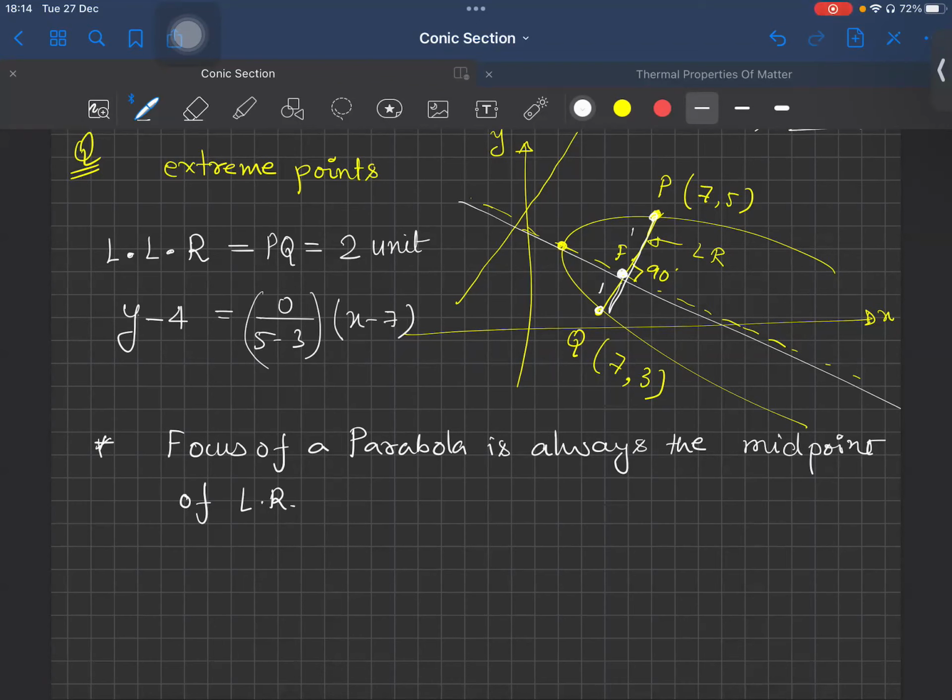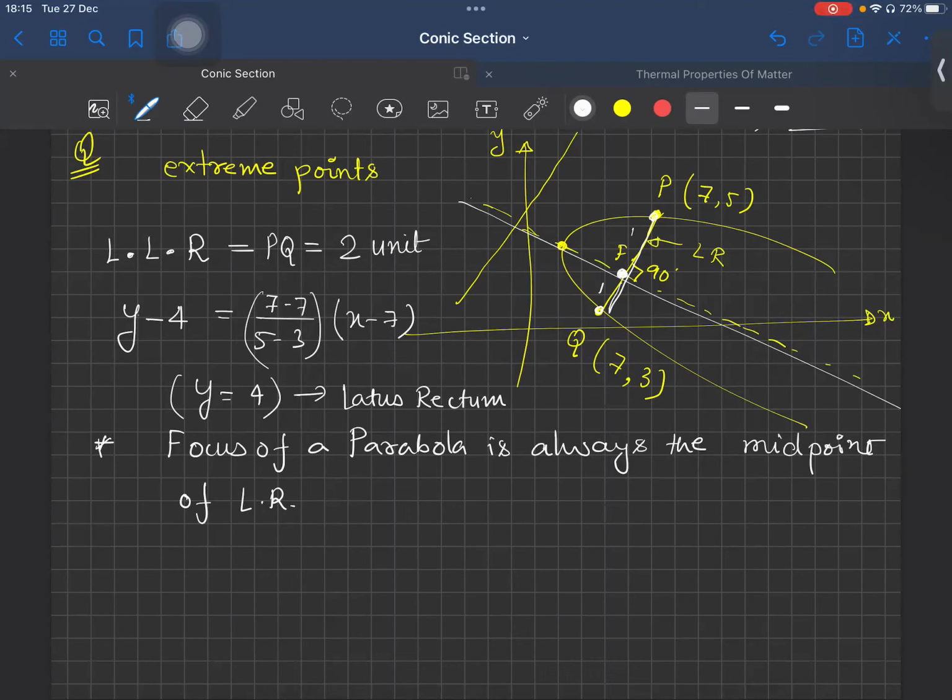Why is it 0? Because it is actually 7 minus 7, the slope. y equals mx plus c. So what you'll get is y equals 4, the equation of latus rectum.